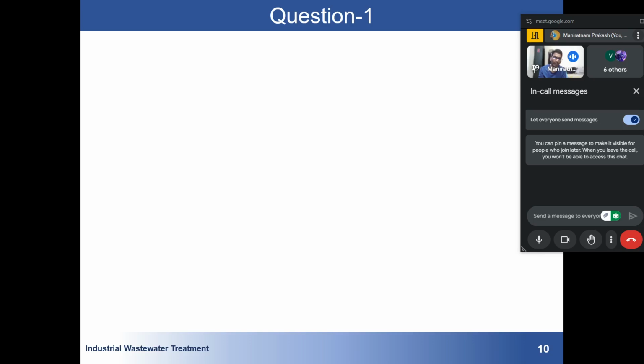I have given one numerical question, but that is a previous session question with only the data changed. It is a completely theoretical topic. I request everyone to please participate. The chat box is open for everyone. Anyone can write anything. If no doubt, may I proceed with question and answer?